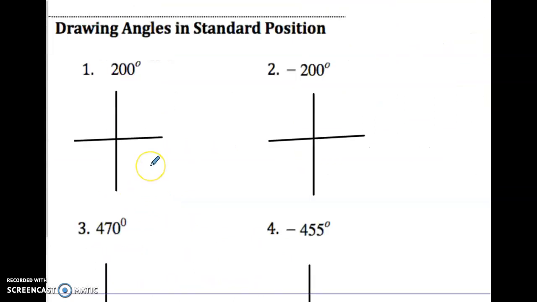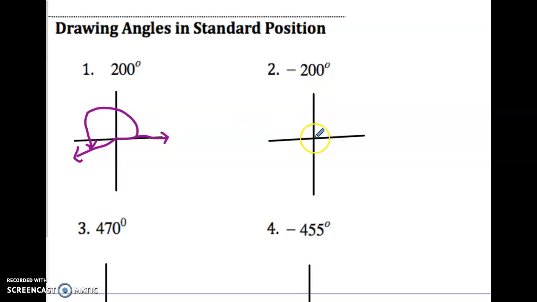So let's have some practice drawing angles in standard position. 200 degrees: if the initial side is right here, well there's 90, 180, so about 20 more degrees from there. So it would go from there to there, that would be approximately 200 degrees.